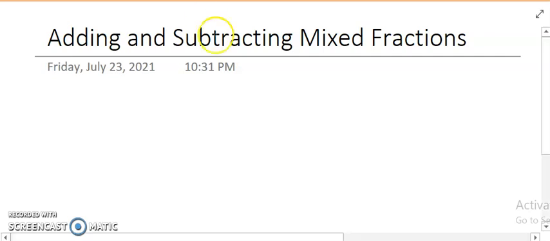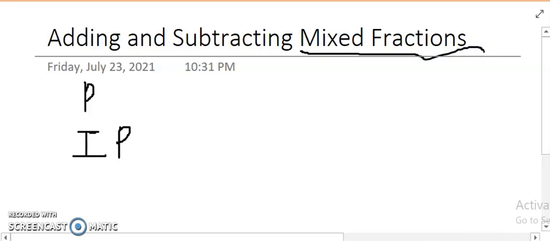Now, when I taught all about fractions, I mentioned proper fractions, I'm going to leave that as P, improper fractions, I'm going to leave that as IP, and mixed fractions, which is what we'll be treating today.